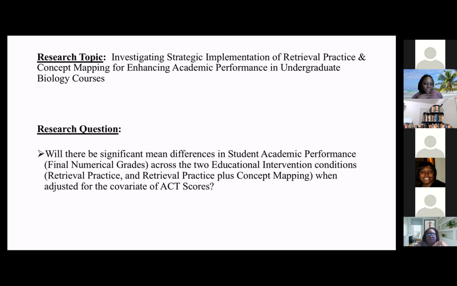So are they choosing to participate in a study and doing this work outside of class, or what's the vision for this? It could be either way; I've planned it both ways.